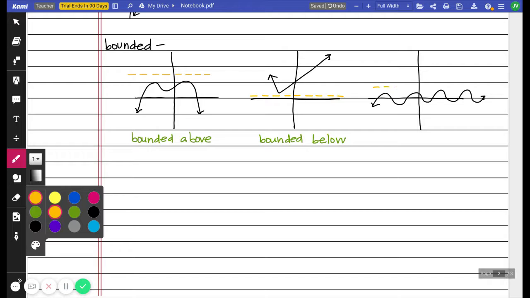This graph, I can put a line completely above it, and I can put a line completely below it. And I'm going to say that this graph, because I can do above and below, is just bounded. You may hear it said bounded on its domain. But the idea of being bounded means it's bounded above and it's bounded below. Okay?